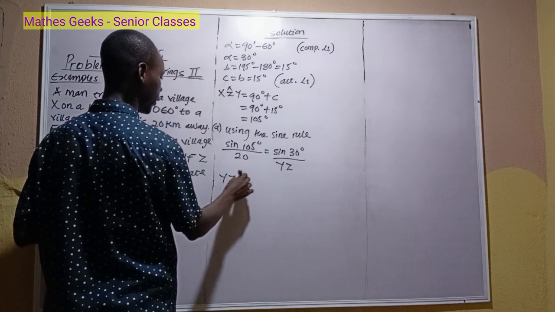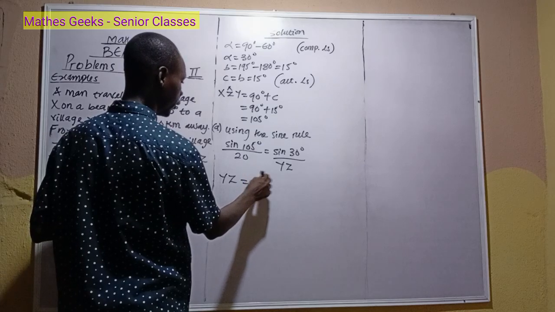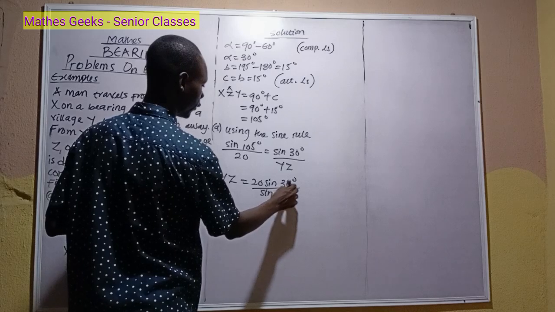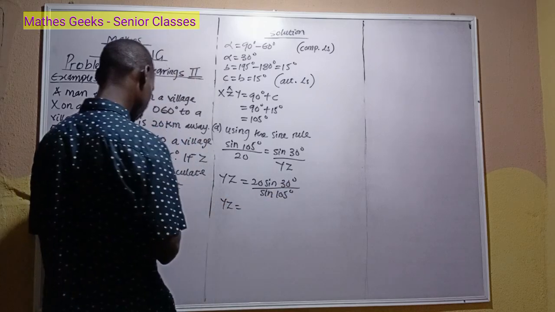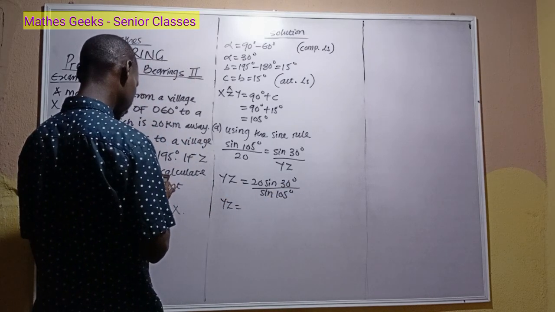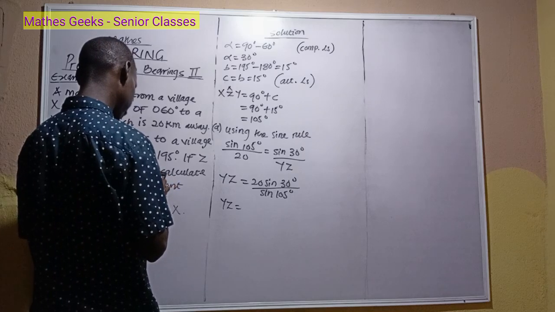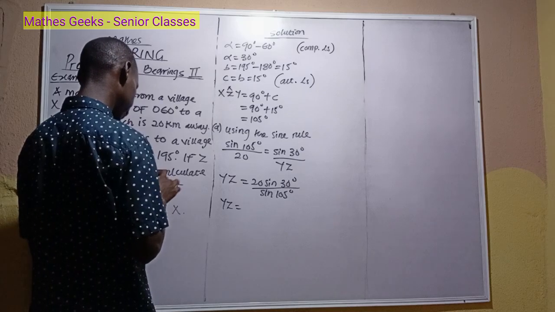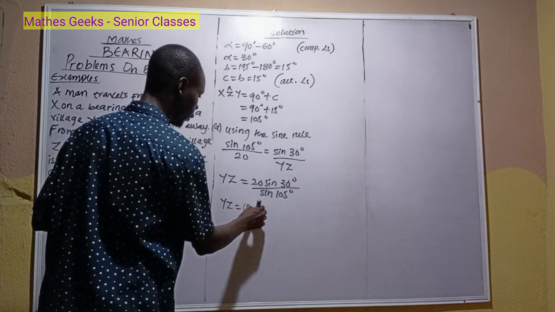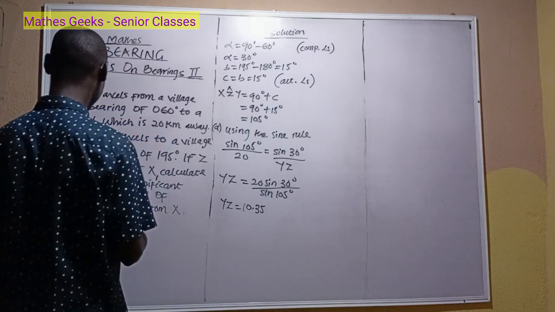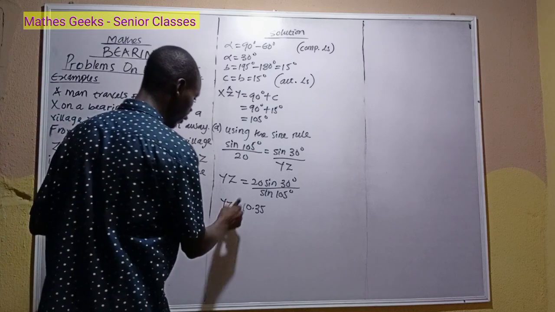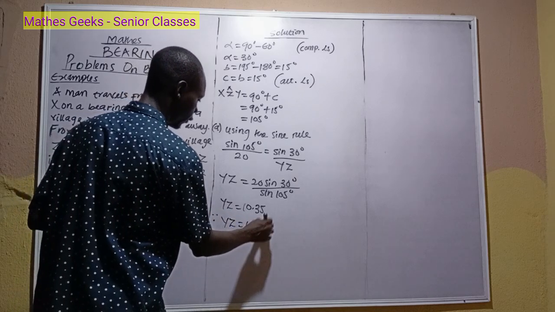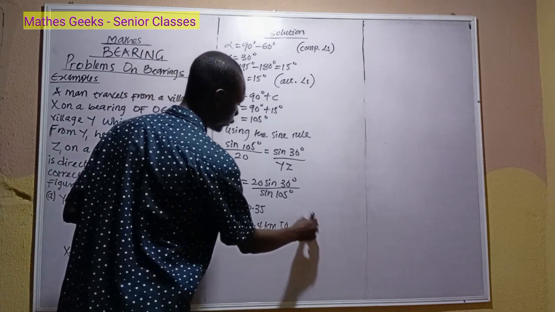So YZ is equal to 20 sine 30 degrees over sine 105 degrees. That's 10.35. The question says to three significant figures. Therefore YZ is equal to 10.4 kilometers to 3 s.f.